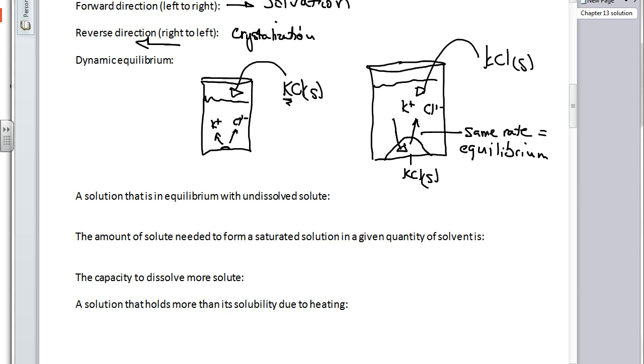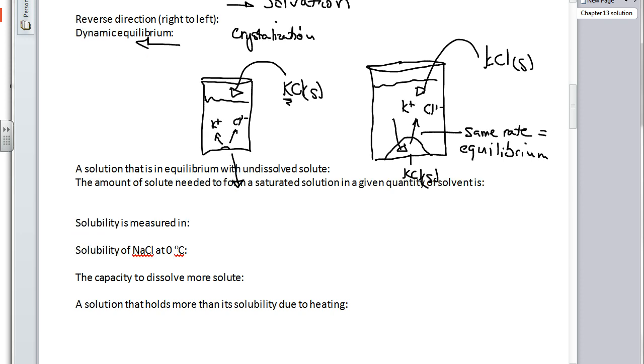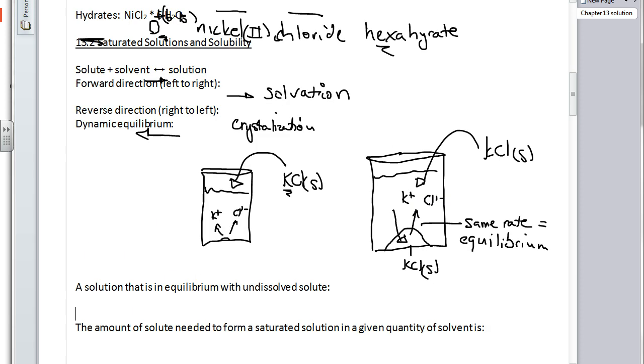Now, this first example that I gave over here, sorry, we'll have to back that up. A solution that's in an equilibrium with an undissolved solid is just what we said right here, and obviously that's going to be at equilibrium.